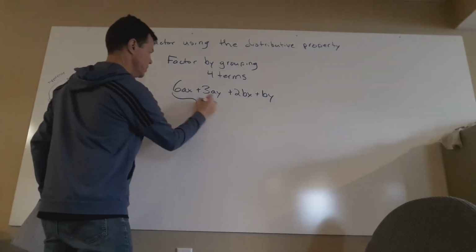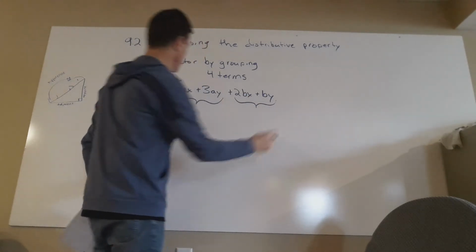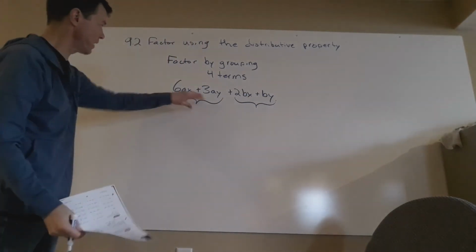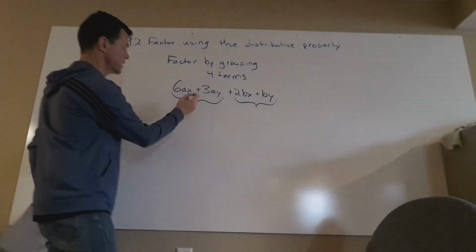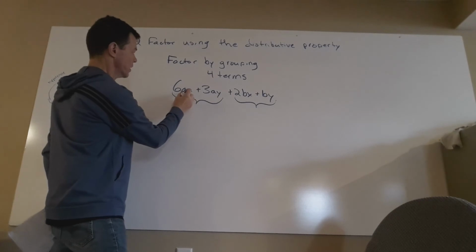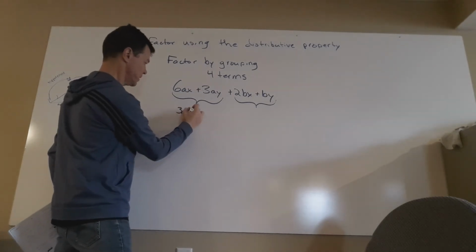So essentially what it means is just to look for two groups. Our first group, second group. And we are going to just look at these two terms. What can I factor out of these two terms? The 6 and the 3, factor out a 3. The ax and the ay, they both have an a, so you can factor out an a.